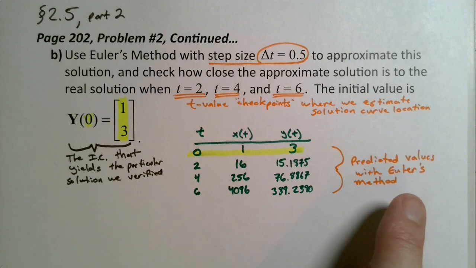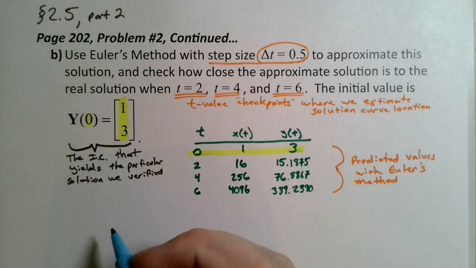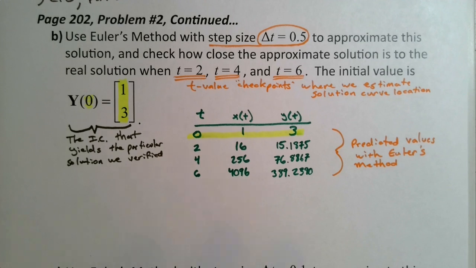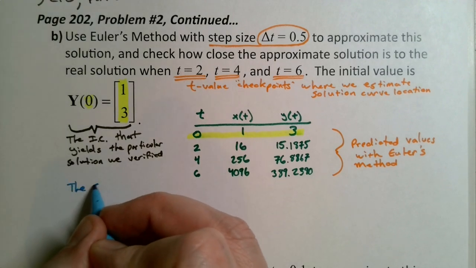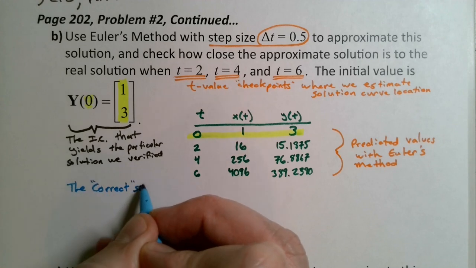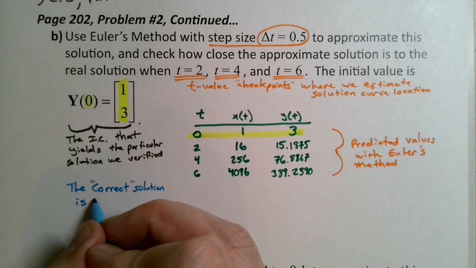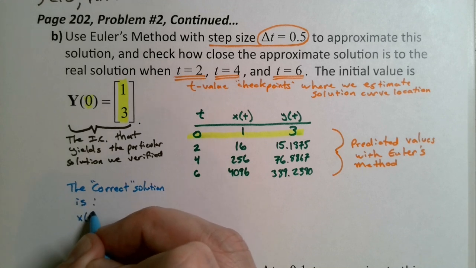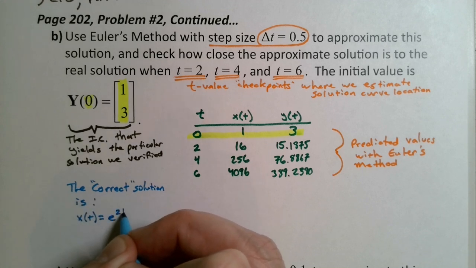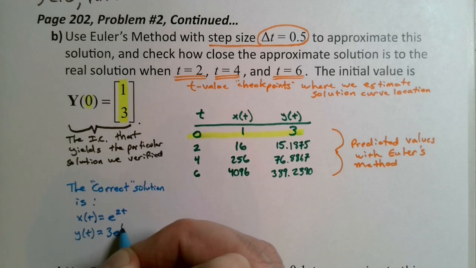But the good news is we actually have the correct solution, the 100% particular solution for this initial condition. So we know the correct solution is x of t equals e to the 2t and y of t equals 3e to the t.